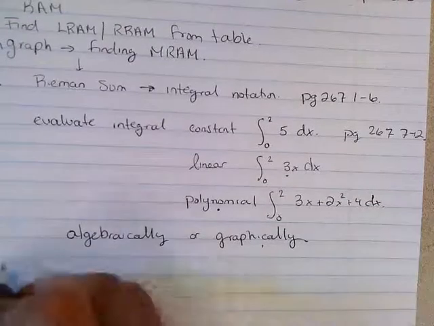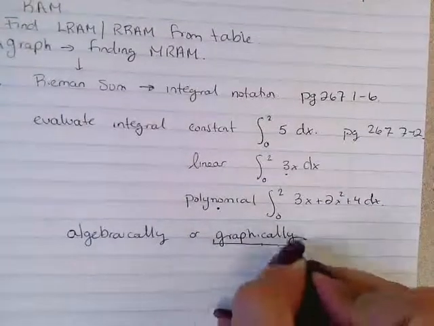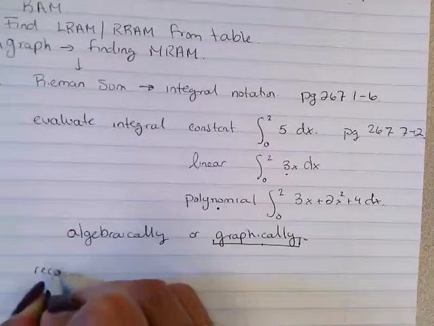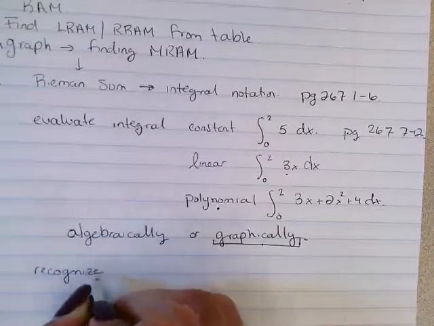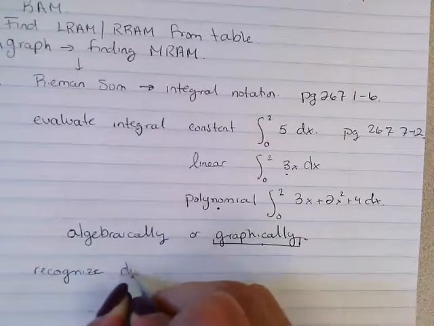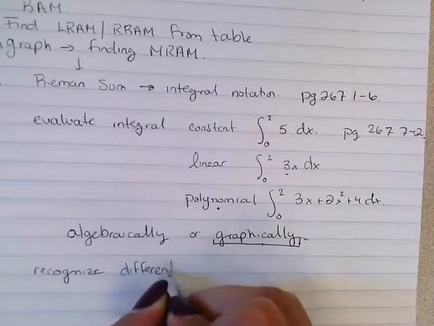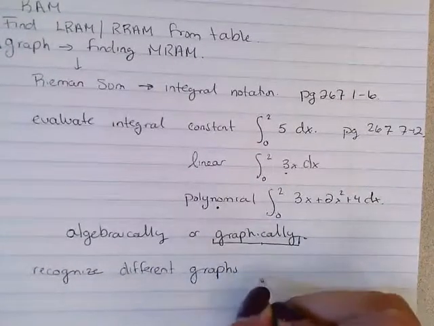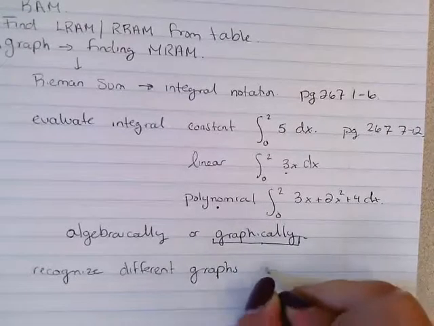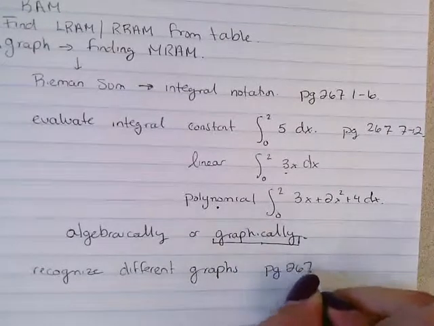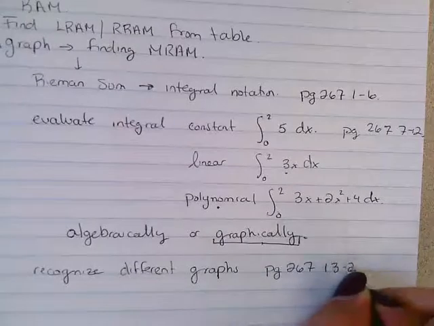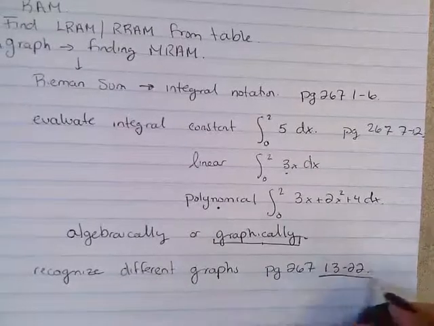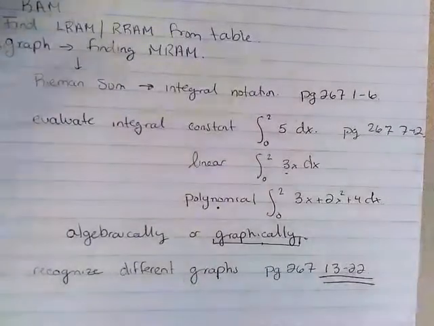Since you have to do it graphically, make sure that you are able to recognize different graphs. Okay, this comes from page 267, 13 through 22. Any one of these is fair game, guys.